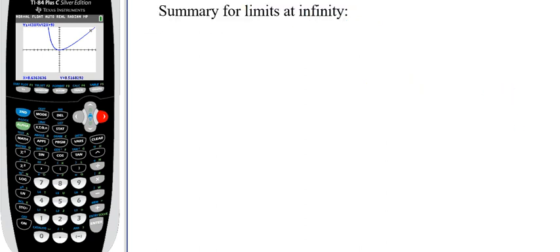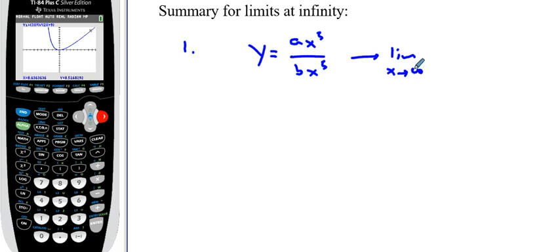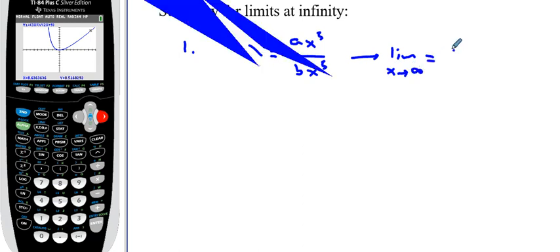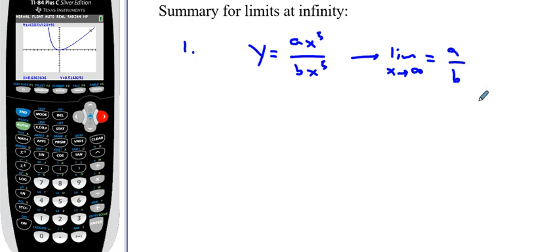Okay, so let's summarize. Limits at infinity, here's our summary. We have 3 cases. First case, if you have a function like y equals, let's say, a x to the 5th over b x to the 5th. Notice the greatest powers, top and bottom, are the same. If that's the case, the limit as x approaches infinity is equal to a over b, those leading coefficients.